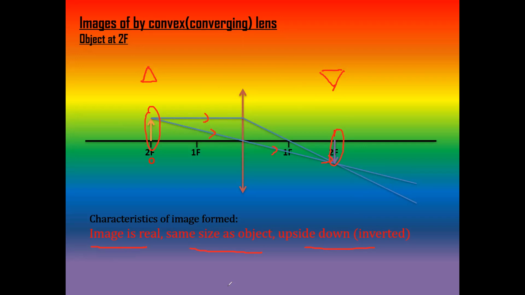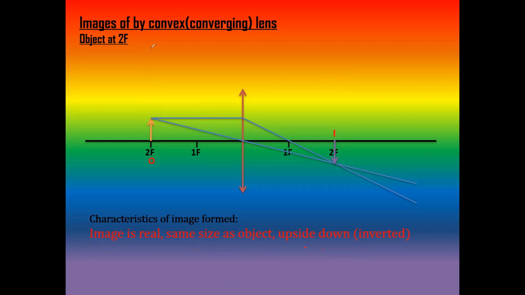Yes, that's right. The position of the image will change depending on the position of the object, not the length of the object. The position of the image will change as the position of the object or the focal length changes. Is it clear till this point? We'll do more examples. If two light rays meet, yes, they can meet after 2F.